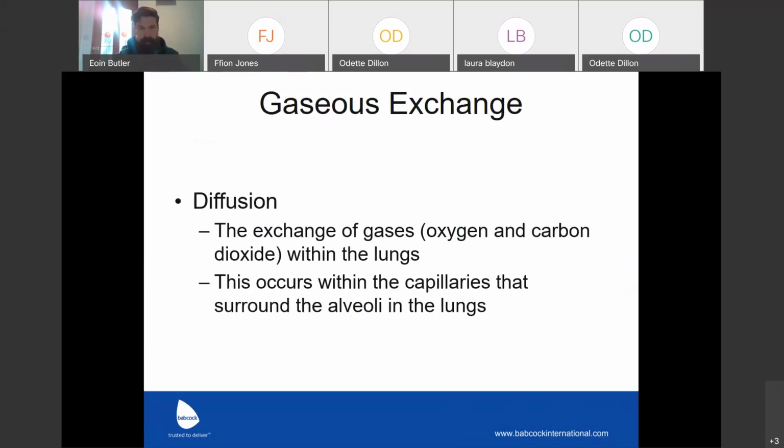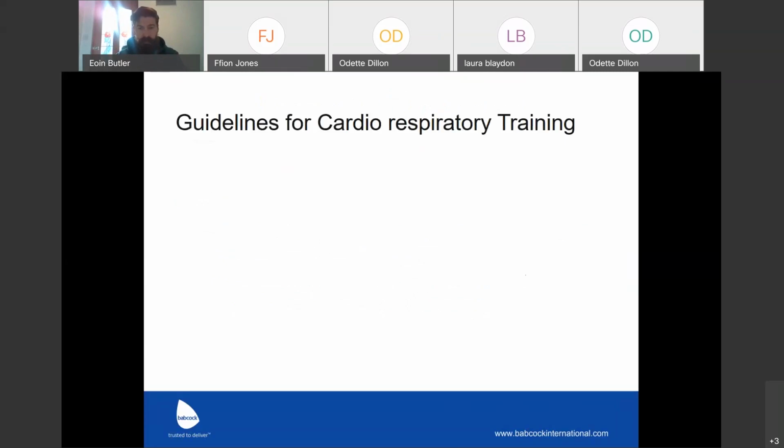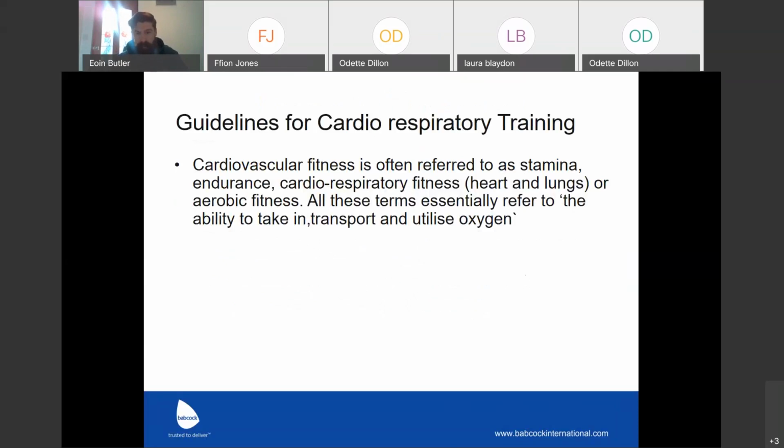Okay. So guidelines for cardiorespiratory training. Cardiovascular fitness is also referred to as stamina, endurance, cardiorespiratory fitness, heart and lungs, or aerobic fitness. All these terms essentially refer to the ability to take in, transport, and utilize oxygen. VO2 max is the volume of oxygen that you can take in one breath, so the amount of oxygen you can fill the lungs with in one breath.